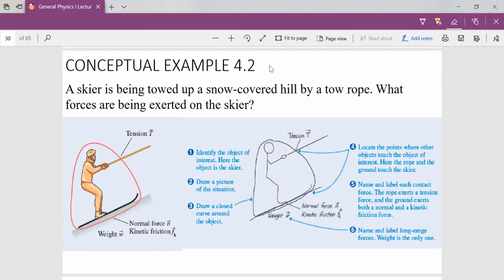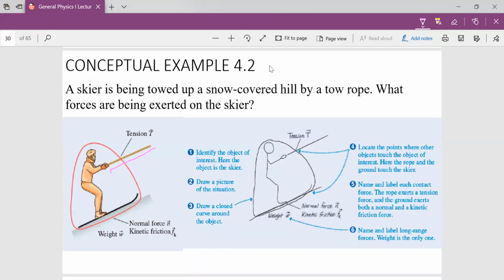So let's take the second example. It's a conceptual example as well, about a skier that is being towed up a snow-covered hill by a tow rope. We can see the tow rope, and we know tension force is always the force acting on ropes.